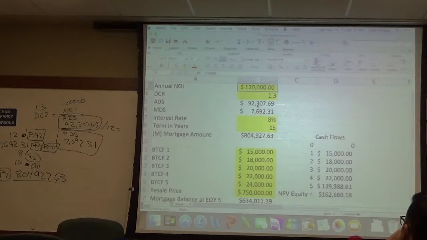Does that make sense to everybody? Yes or no? Okay? That's the value of the mortgage.